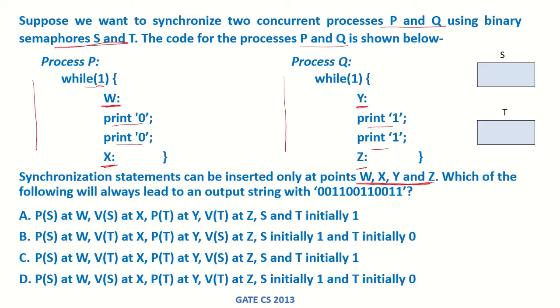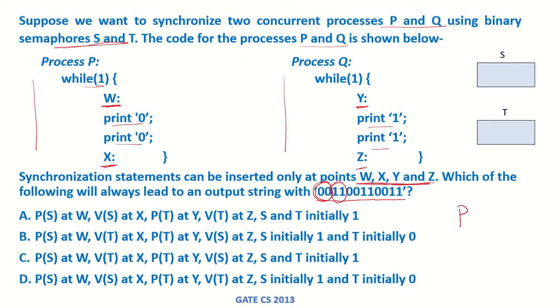Which of the following will always lead to an output string 0011, 0011 and so on? If we look at the output string, we see that two zeros have to be printed first. That means we want process P to be executed first.